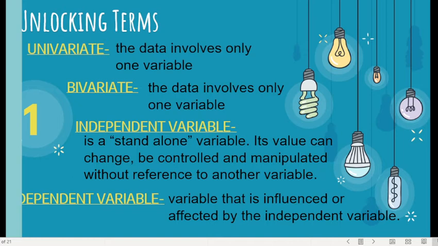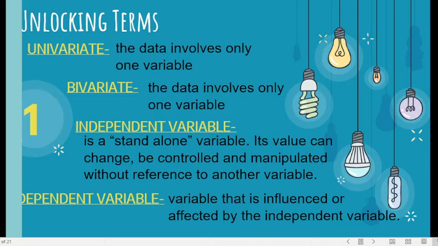Unlike the dependent variable, it is a variable that is influenced or affected by the independent variable. You may remember this in general mathematics that when you change the value of x, y also changes. So x is an independent variable and y is a dependent variable because its value depends on variable x.